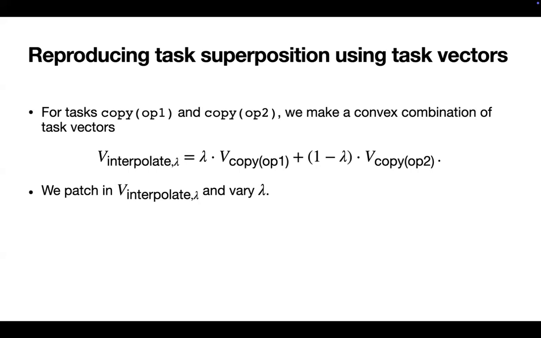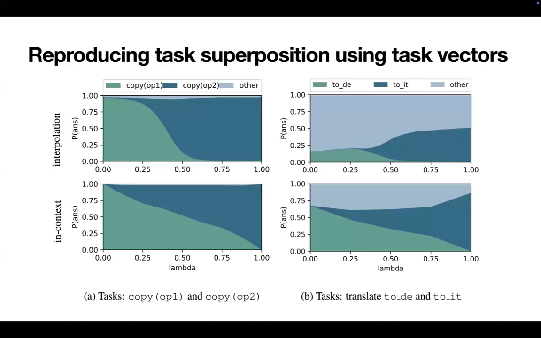We make a convex combination of the test vectors. We interpolate with lambda, the mixture ratio: a ratio of lambda times the first test vector plus 1 minus lambda times the second vector. We patch the interpolated test vector into the model, and we make this plot.